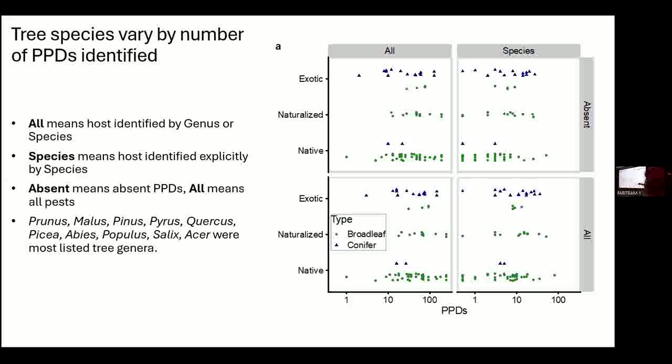Genera like Prunus, Malus, so the plums and cherries, apples, pines, pears, oaks, spruces, poplars, willows, and Acer, sycamores and things, tend to have the most potential pests associated with them. So that gives us some idea of the scope of the issue that we might be facing over the next few years.